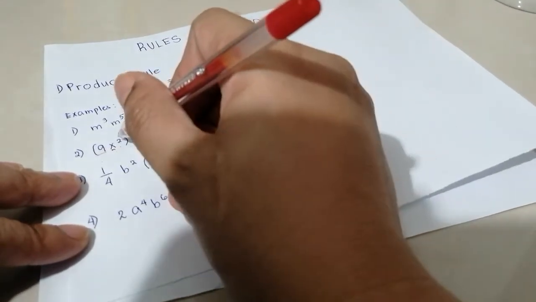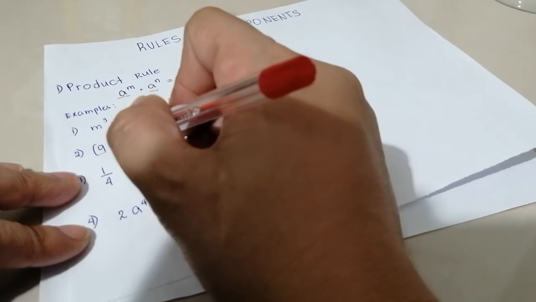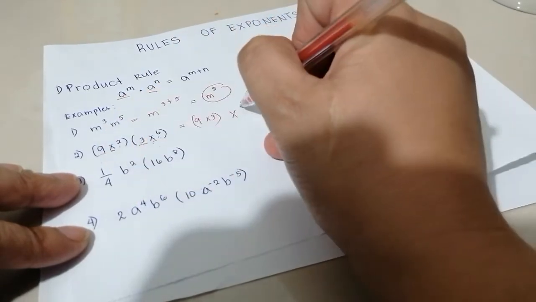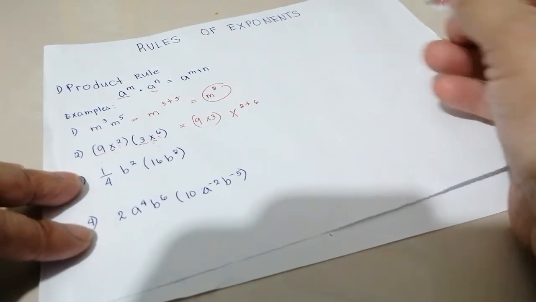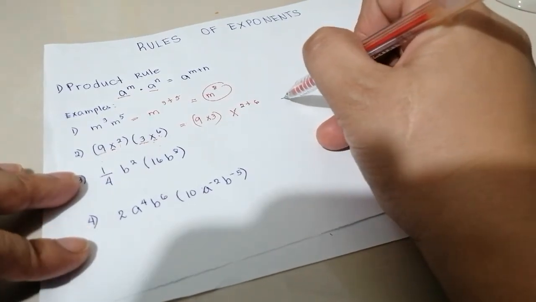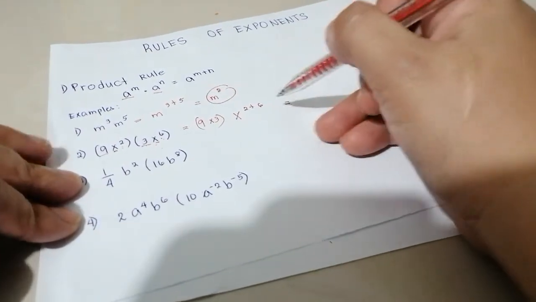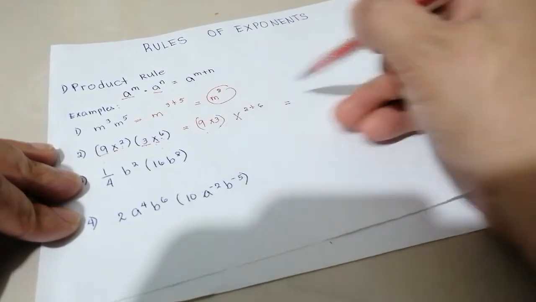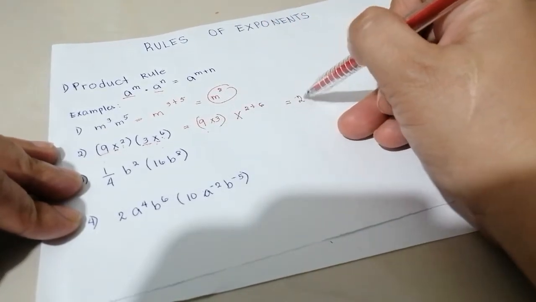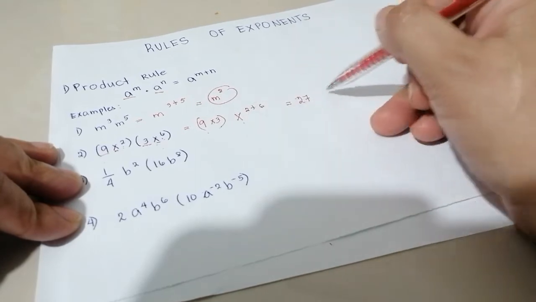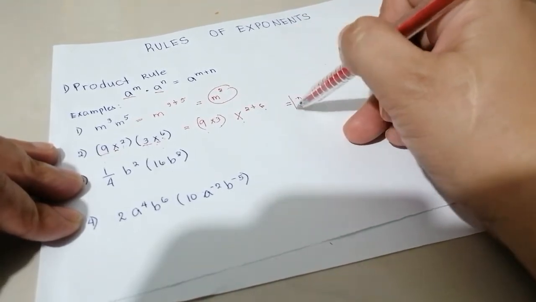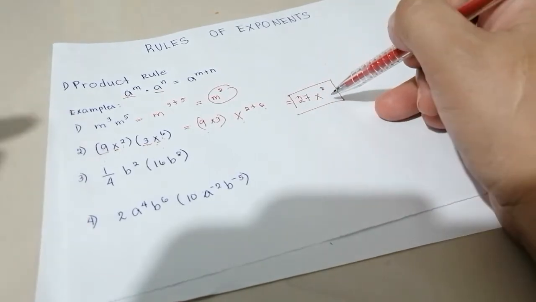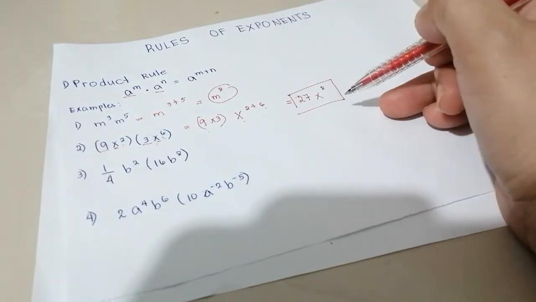And then after, i-add natin yung exponent 2 and 6. So, 2 plus 6. Okay? Simplifying it further, 9 times 3 is 27. x, 2 plus 6 is 8. So, the answer here is 27x raised to the 8th power.